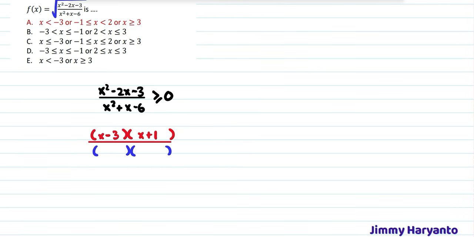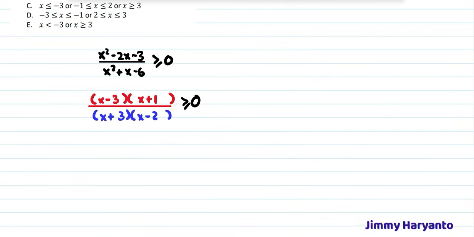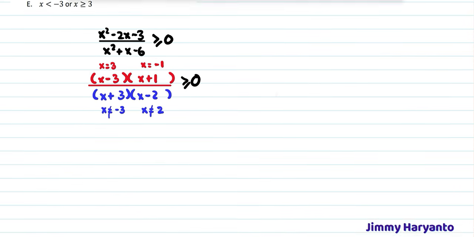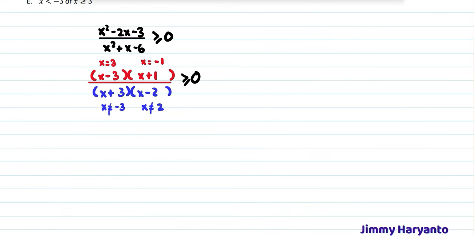For the denominator you have (x plus 3) and (x minus 2), and this is still greater than or equal to 0. From the numerator you have x equals 3, x equals negative 1. For the denominator you have x equals negative 3 and x equals 2. But because this is the denominator, it cannot be equal to those values. So you have to consider that x cannot be equal to negative 3.